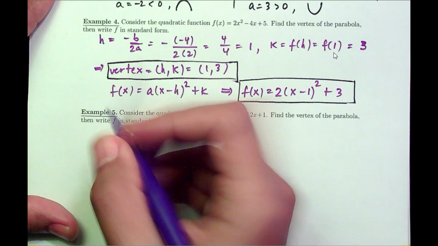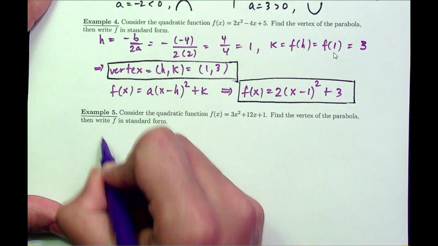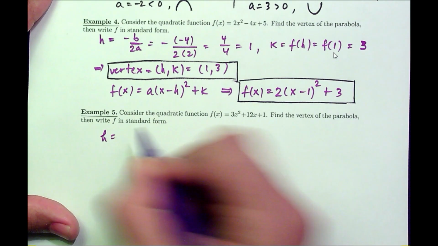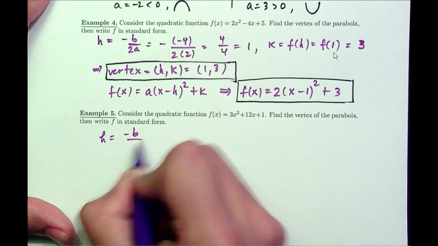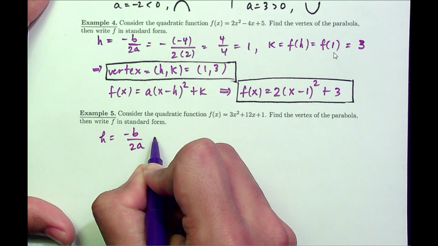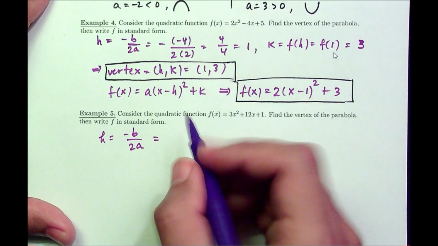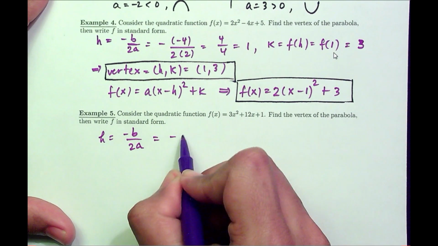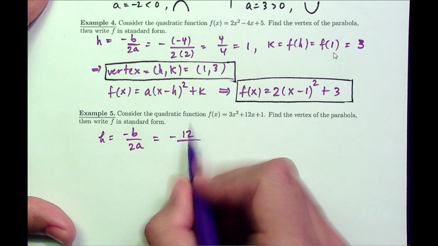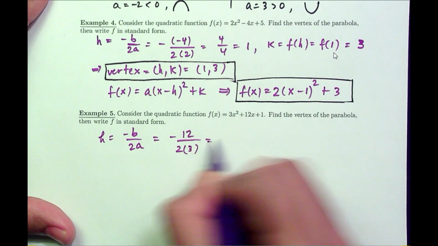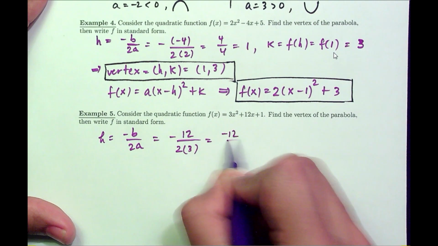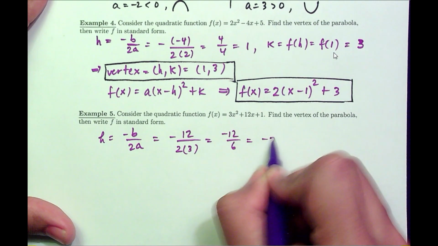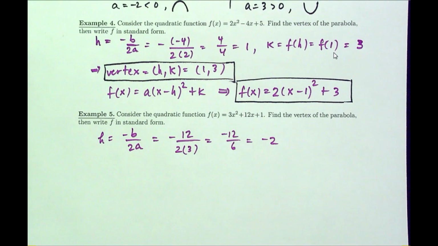Okay, so the vertex is hk, where h equals, here's the formula, negative b over 2a, which is negative, the b is 12 over 2 times 3. The a is 3. So this is negative 12 over 6, which is negative 2. So we found the h.